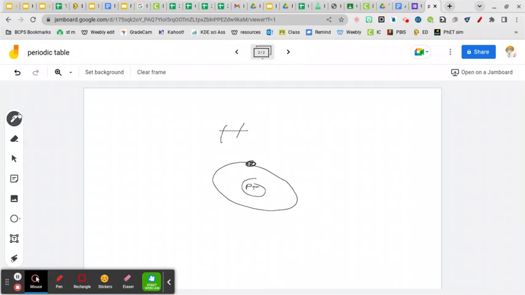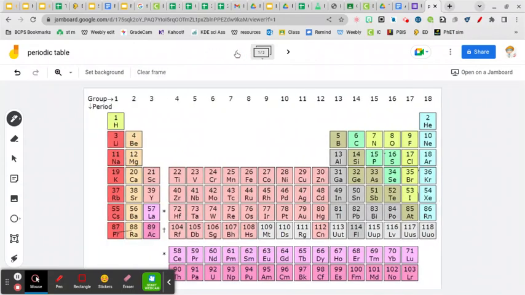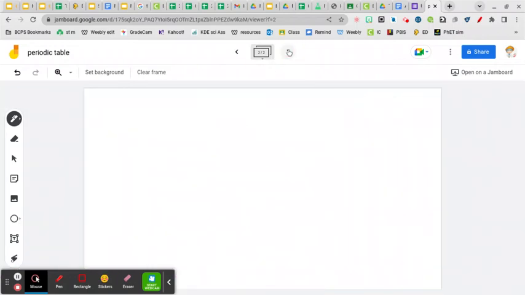If I want to do something more complicated, let's go back to our periodic table and take something from row 2. So let's do boron. Boron has a total of 5 electrons. If you look on your periodic table, the mass is closer to 11, so we'll say it's boron 11.